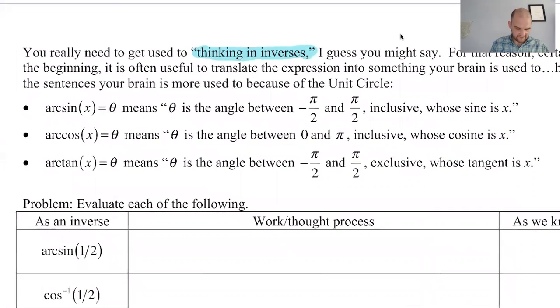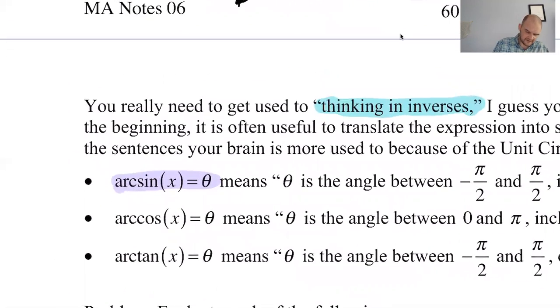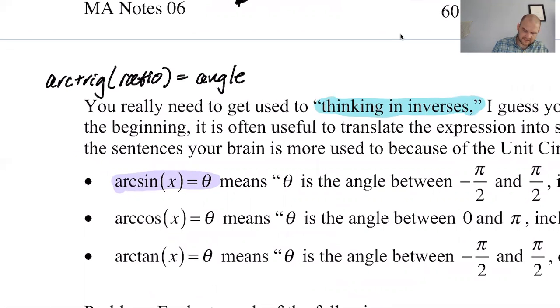So if you have arcsine of x is equal to theta, which is what it is, right? Arcsine is a weird way of writing an angle. Get that into your head. I like to call them the arc trig things. You do arc trig of a ratio, or inverse trig of a ratio, and it gives you an angle, right?